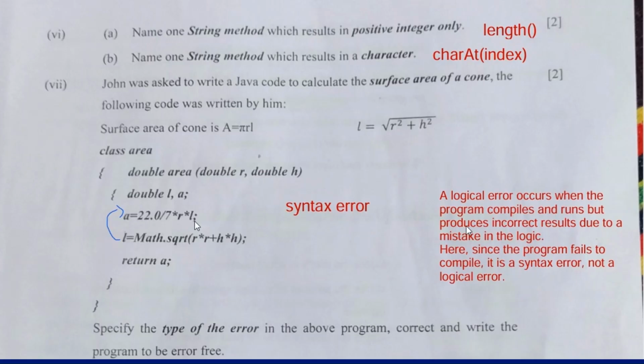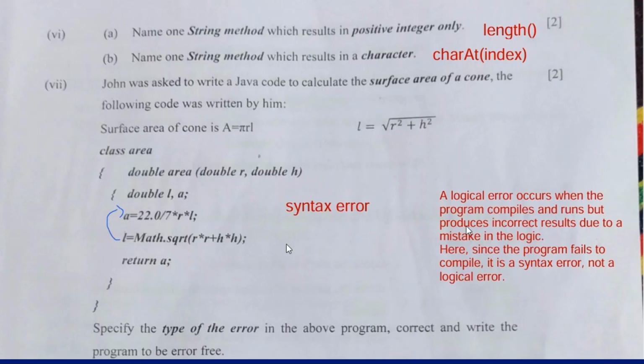Value of L is not given. So this is your syntax error, and the correct statement is to take this statement to this one. This is initialization of L. It will be initialization of L here. Then find A, the calculation part.